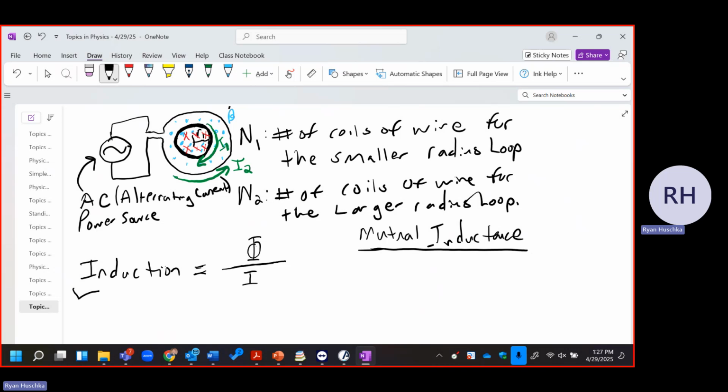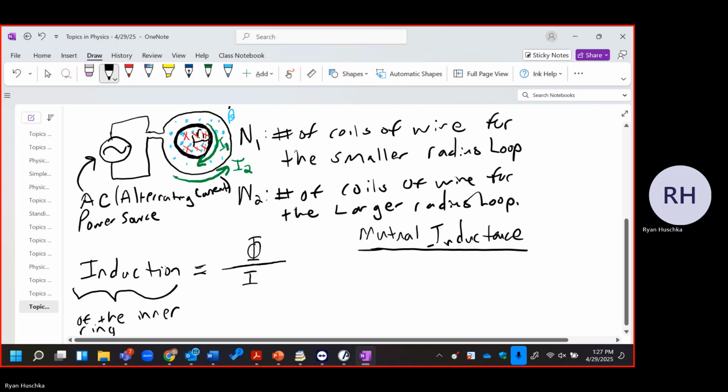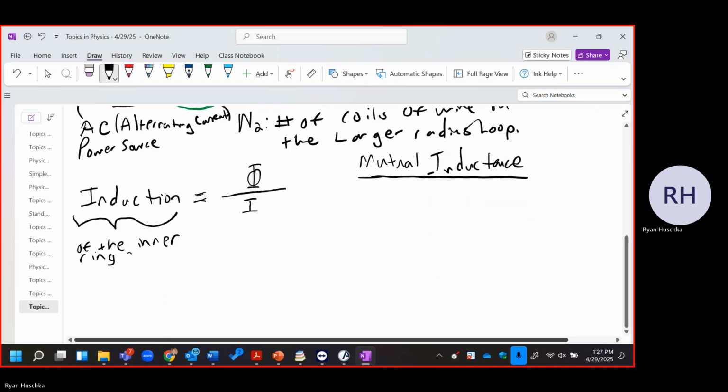Let's think about this the way we've been talking about. Let's think about this as the inductance of the inner ring due to the current running through the outer ring.